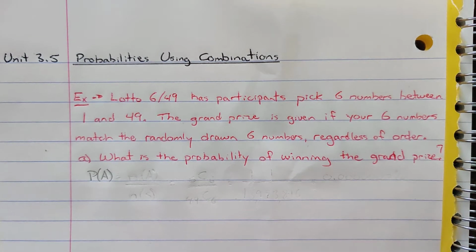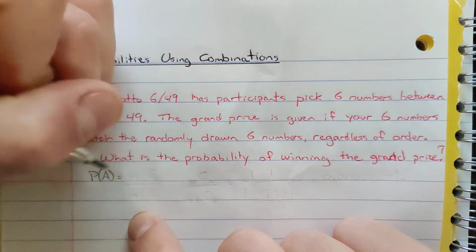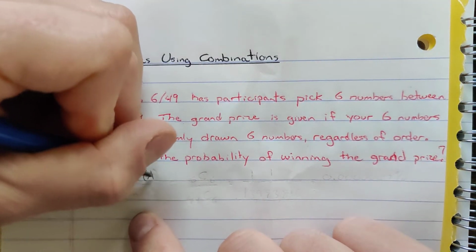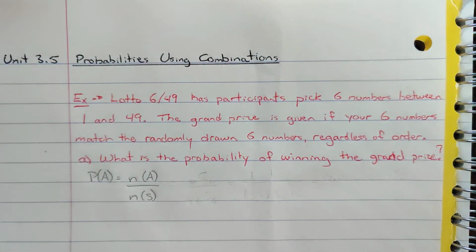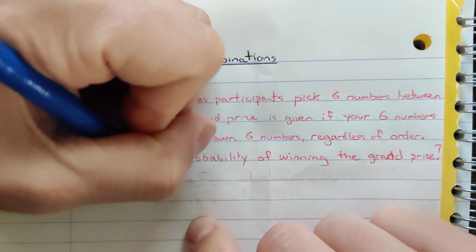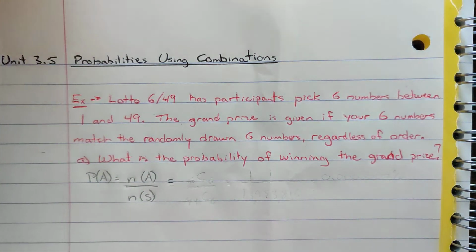You got your grand prize if you had your 6 numbers matching the randomly drawn 6 numbers, regardless of their order. And so the probability of winning that grand prize is the probability of event A equal to the number of desired outcomes over the number of total possible outcomes, the entire sample set. So we need to pick the 6 matching numbers.